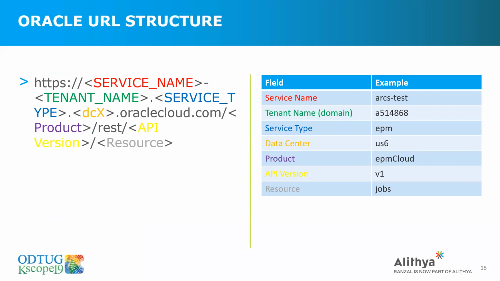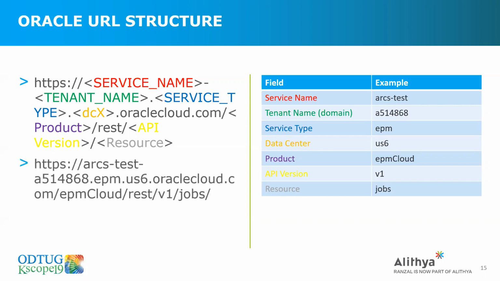All of these things are going to come from when you log into Oracle EPM Cloud, you go to planning-domain.oracle or .us6.oracle, and so on. It ends up looking like the bottom link here. All of these things come into play and can be used when we're using REST API.